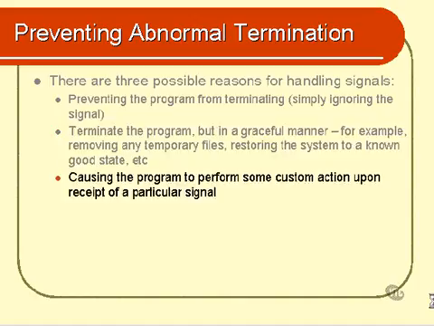And the third reason is you may just want to perform some custom action upon the receipt of a particular signal. There are many different types of signals that a process can receive. You may want to take advantage of that and say, whenever I receive this signal, it means I'm supposed to do this particular action. Which means you can use signals as a form of inter-process communication. You might have a shell script that's been running for a while, and you want it to do a particular action.